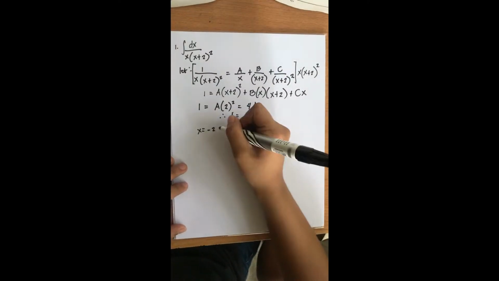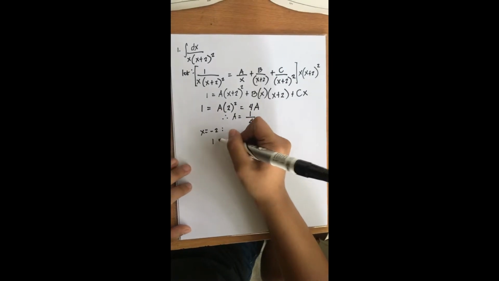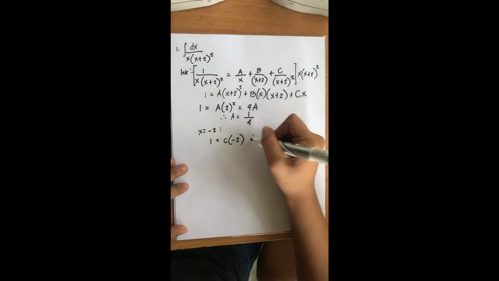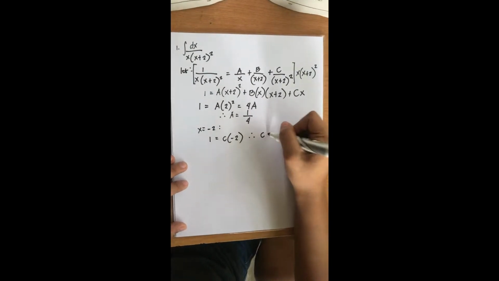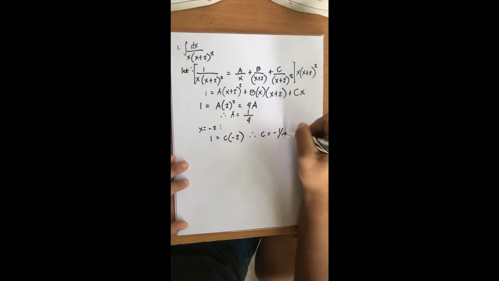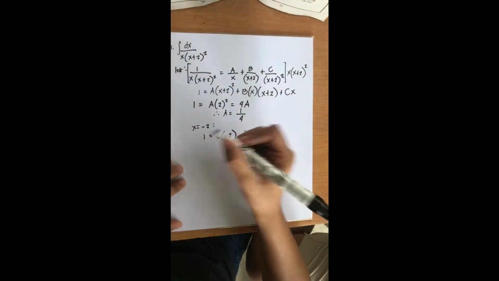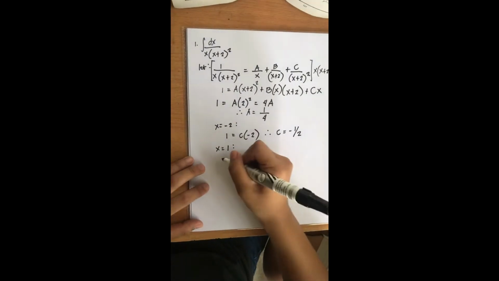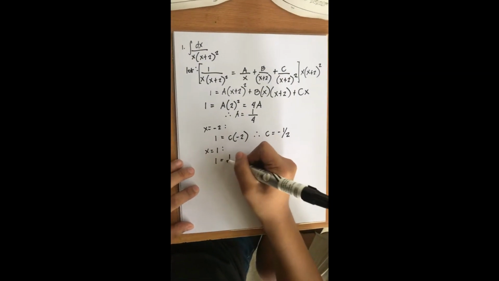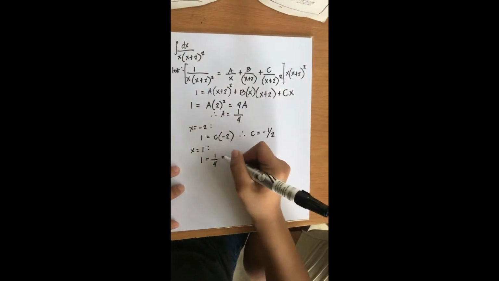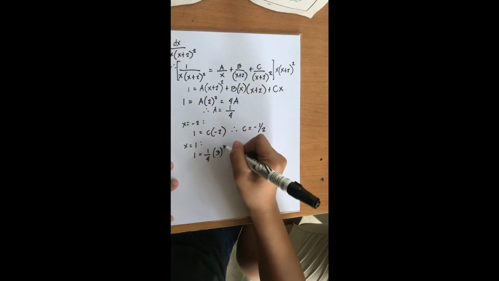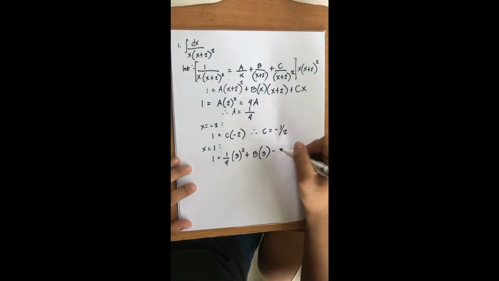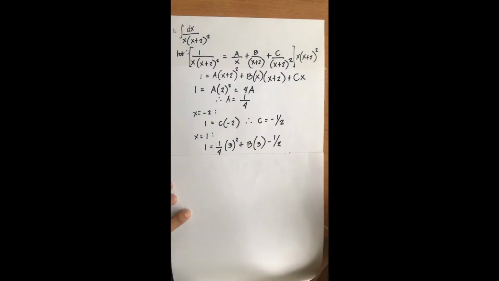If x is equal to negative 2, we get 1 equals c times negative 2. c is equal to negative 1/2. If x is equal to 1, we get 1 equals 1/4 times 3 squared plus b times 3 minus 1/2.